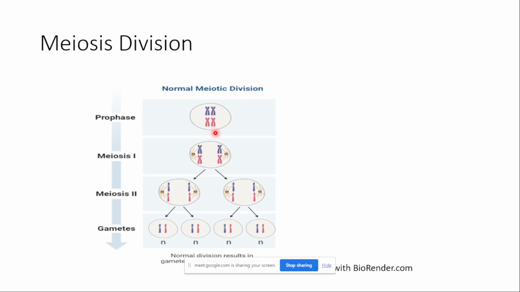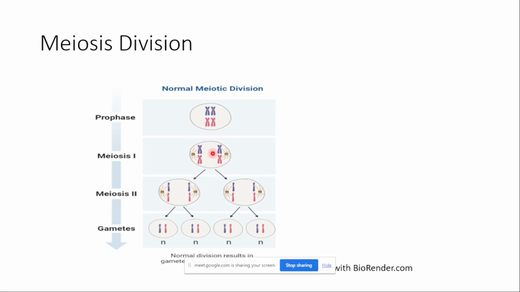That is the difference from mitosis, because in mitosis the two sister chromatids are separated by the spindle fiber. But here, the homologous pair of the sister chromatids is being separated. Similar thing for the pink homologous chromosome pair.